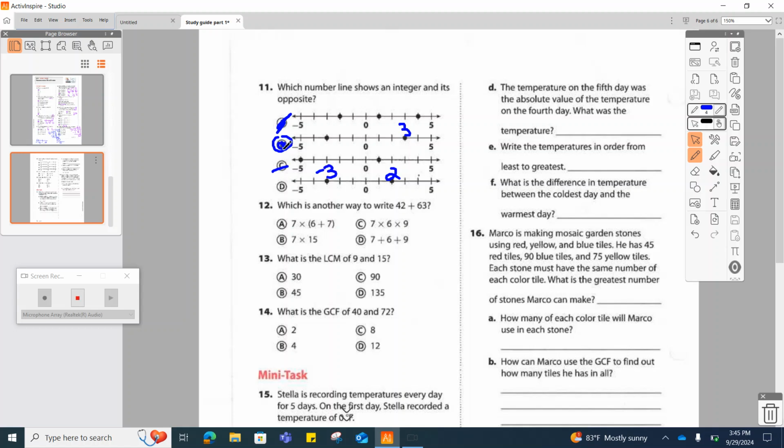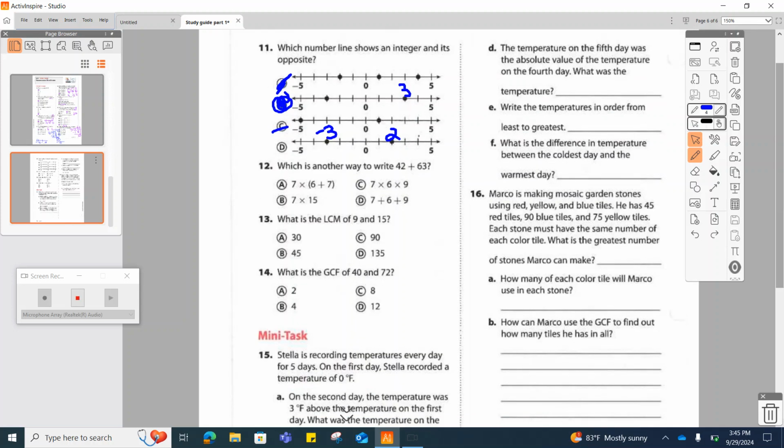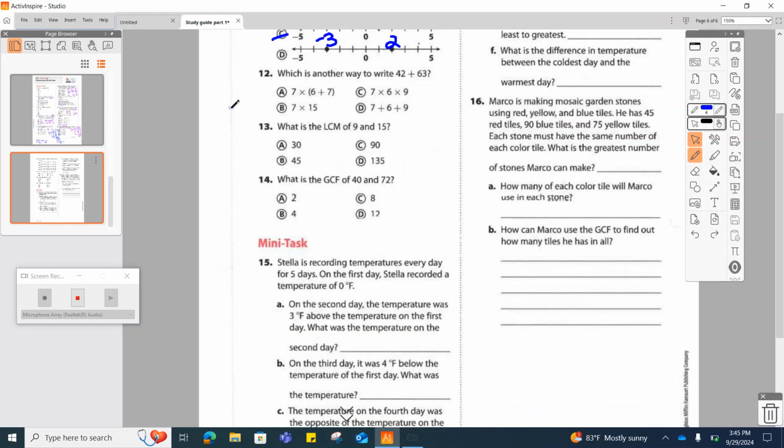So number 12, I don't know if this one will count on your test, but what they want you to realize is that 7 times 6 would give me 42.